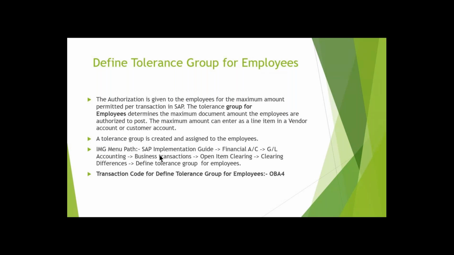So for the number of line items, the amount line item, you can give the limit for employees. Whenever I give the limit, more than that amount will not be accepted in the voucher. In the voucher, that amount line item will not increase.